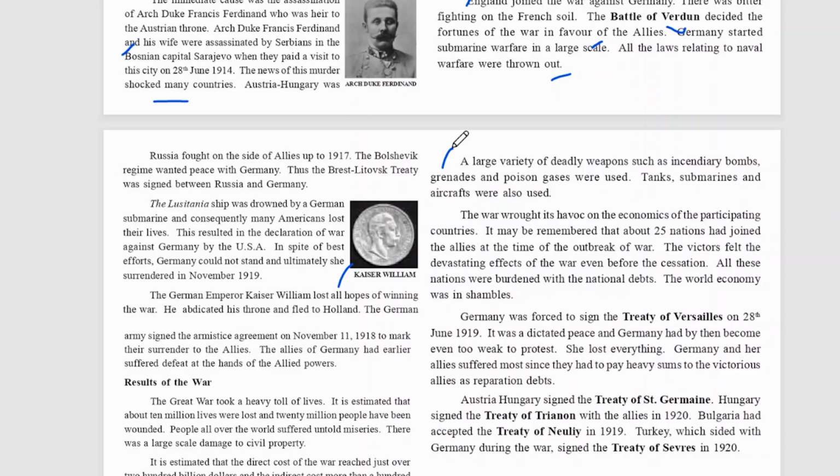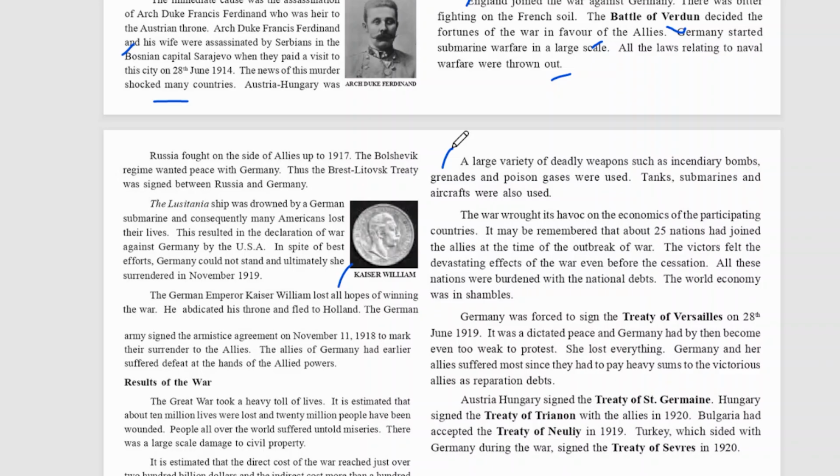It may be remembered that about 25 nations had joined the Allies by the time the war ended. The victors felt the devastating effect of the war even before the cessation. All these nations were burdened with national debt, and the world economy was in shambles. Germany was forced to sign the Treaty of Versailles on 28th June 1919.